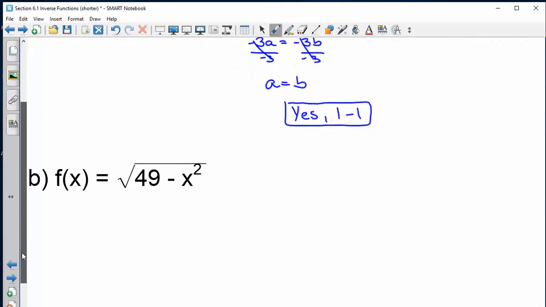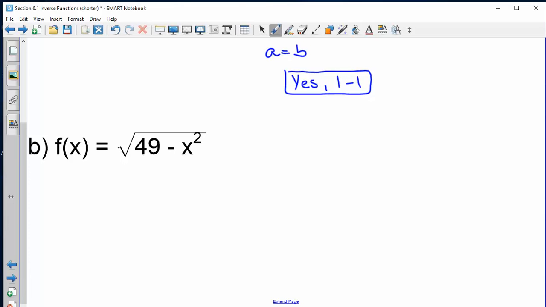Let's do another. To decide if it's one-to-one, we do f of a equals f of b. f of a would be the square root of 49 minus a squared. f of b is the square root of 49 minus b squared.